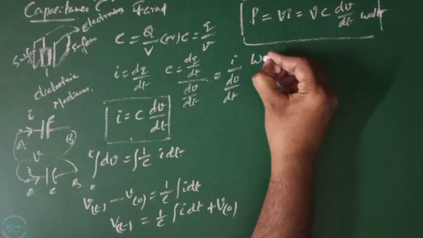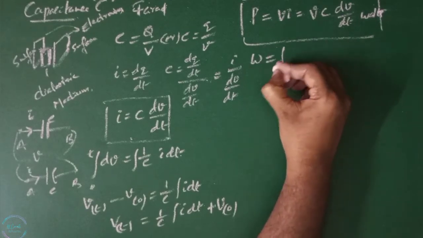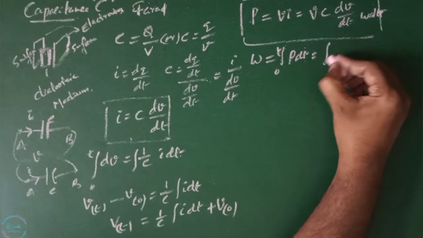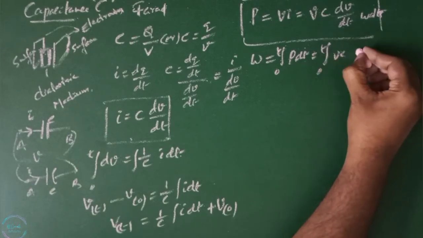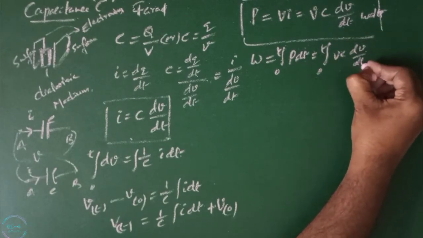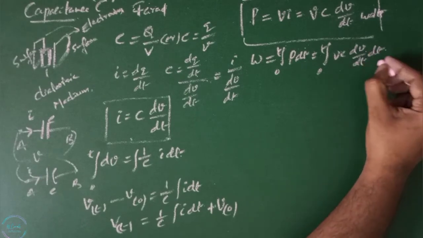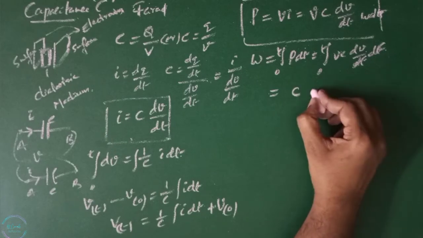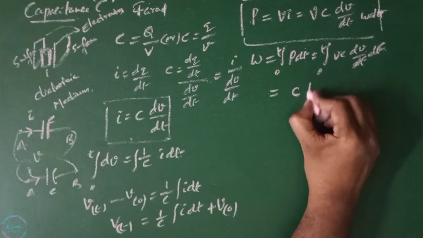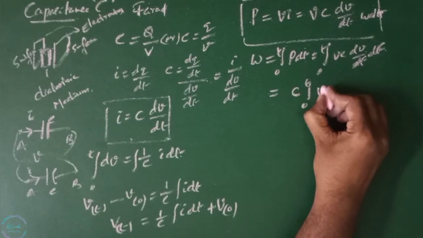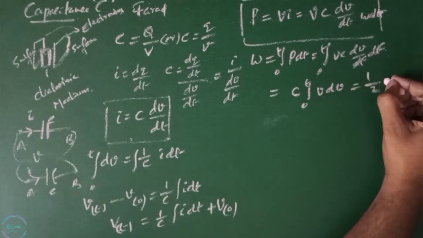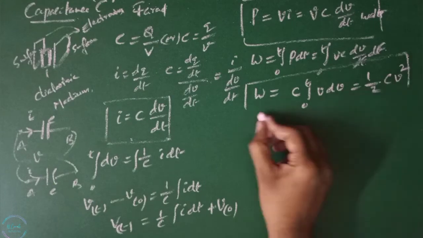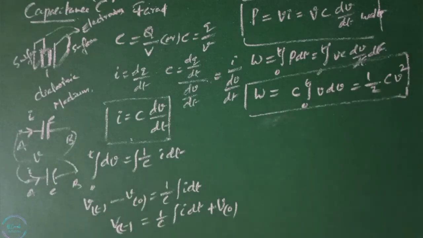Now energy w is given by integral 0 to t p dt, which is integral 0 to t v C dv by dt dt. C is a constant, so you can keep it outside: integral 0 to t v dv gives half C v square. The energy stored in a capacitor is given by half C v square.